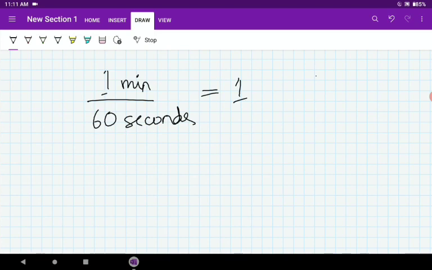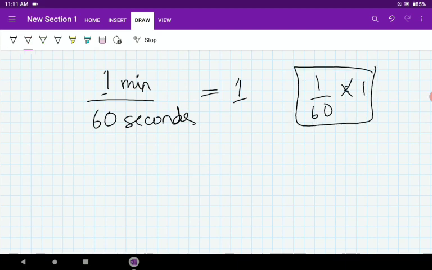See, this does not mean that 1 by 60 equals 1. No, never. This is not what I am meaning to say. I am meaning to say that 1 minute and 60 seconds are both equal quantities of time.